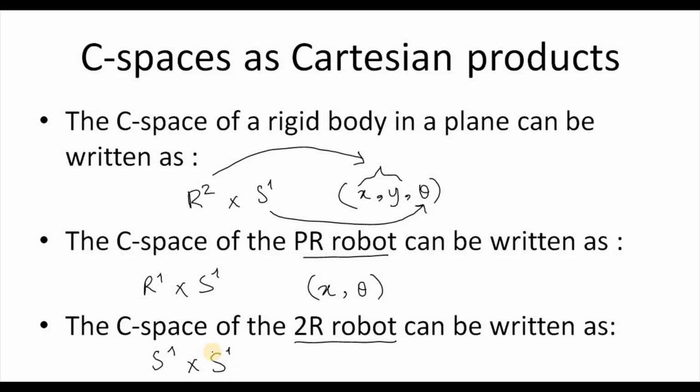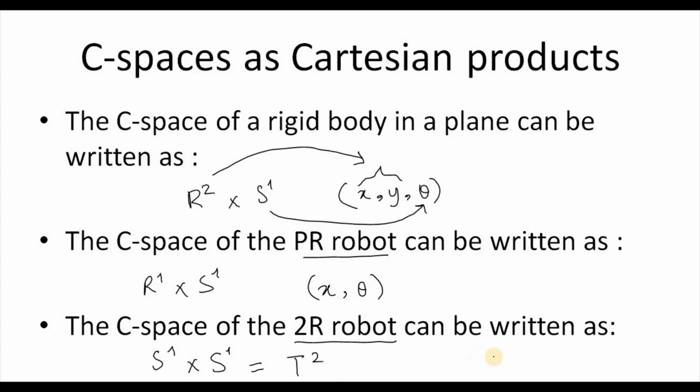So we cannot write it as S power 2, because S power 2 means a sphere, but here S1 cross S1 is equal to T power 2. So T is a torus.